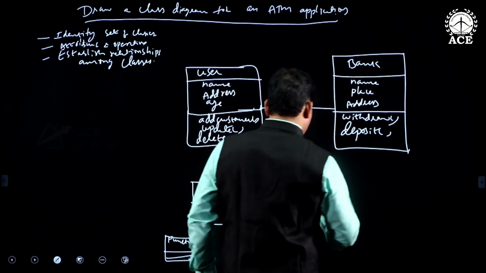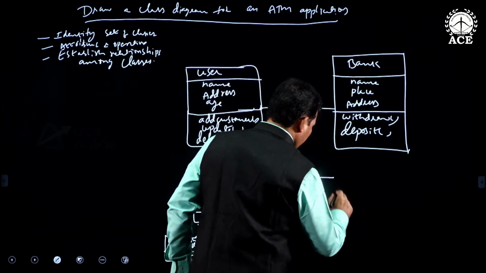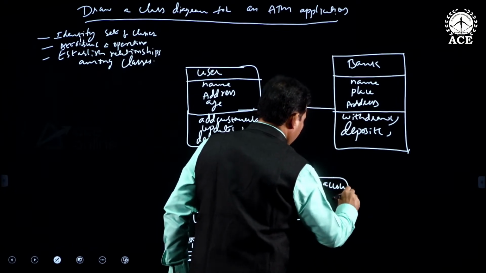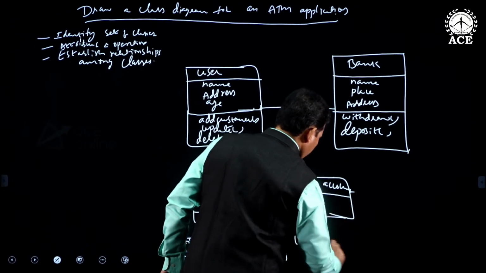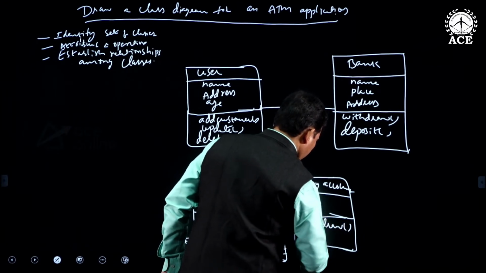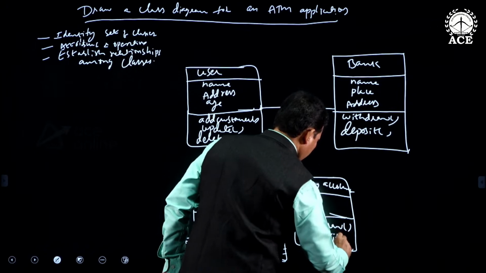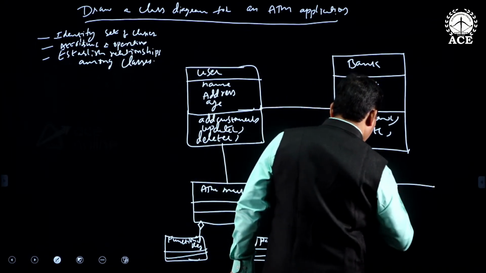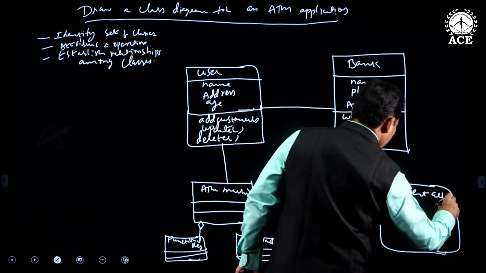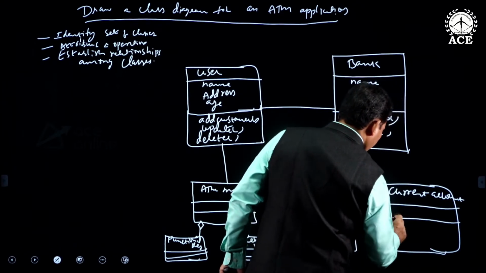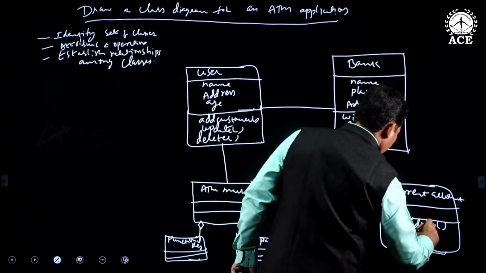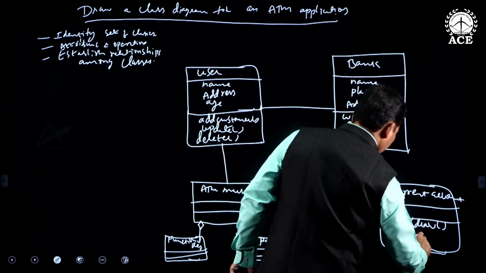Coming to the bank class, there are two classes: savings account, with some attributes you can add, and withdraw and deposit operations; and current account, where you can add attributes, and withdraw and deposit operations.